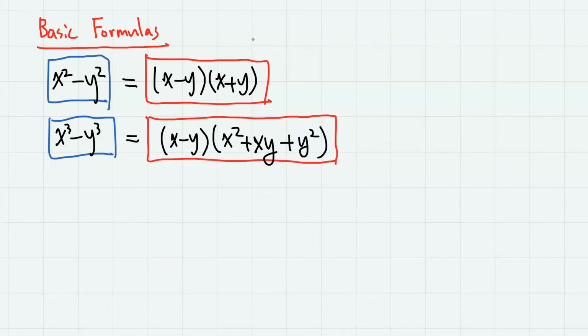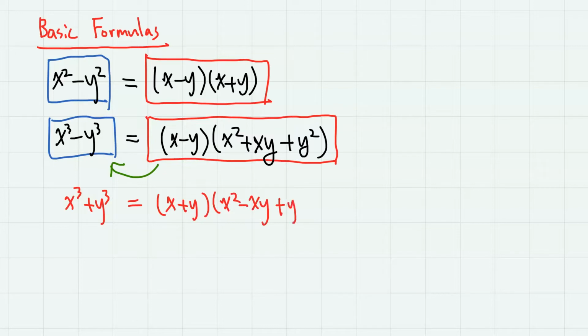So these are simply the reverse of the polynomial expansion of the right-hand sides, which means that we expand the right-hand side, then we obtain the left-hand side. No other fancy magic trick here. And also, it is worthy to remember the formula x cubed plus y cubed equals x plus y times x squared minus xy plus y squared, since we are going to use this formula later.